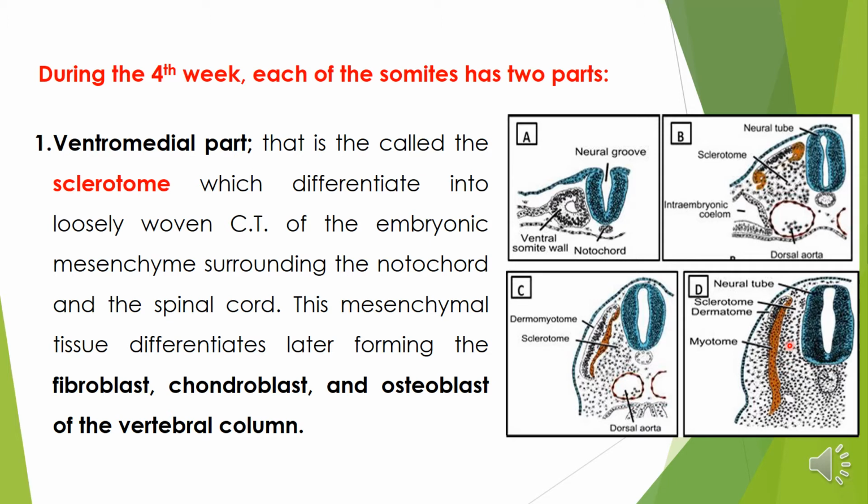This is the sclerotome, which differentiates into a loosely woven connective tissue of the embryonic mesenchyme, surrounding the notochord and the spinal cord. These mesenchymal cells later differentiate, forming the fibroblasts, chondroblasts, and osteoblasts of the vertebral column.